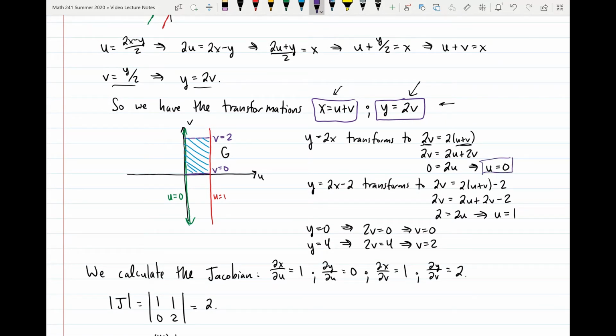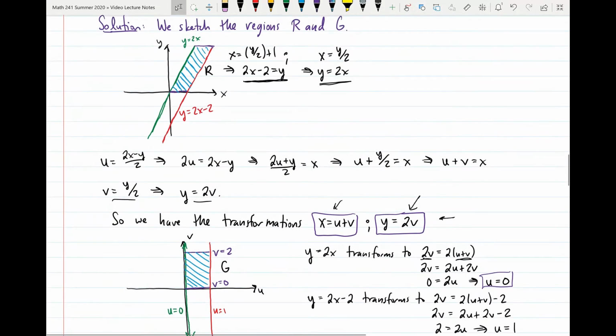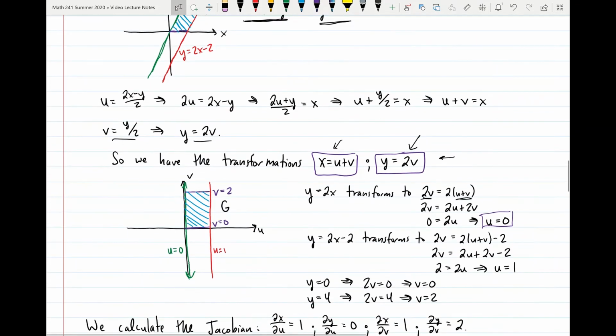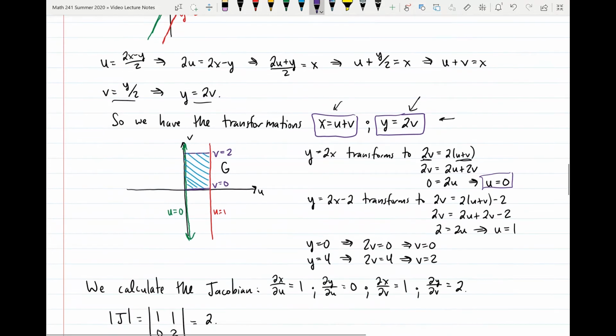So that line y equals 2x, the pre-image of that line under the transformation x equals u plus v and y equals 2v, is going to be the line u equals 0, which I now have in green. So you can think about that as, oh, well, the green line from the xy plane is corresponding with the green line in the UV plane that I now have drawn.